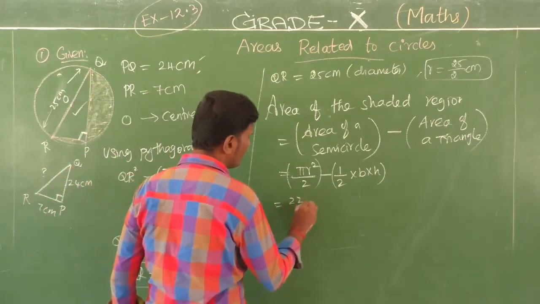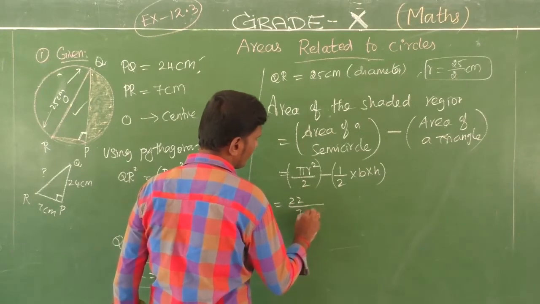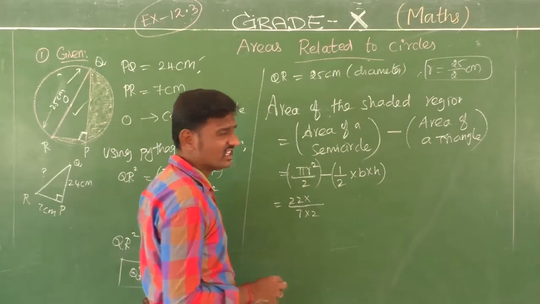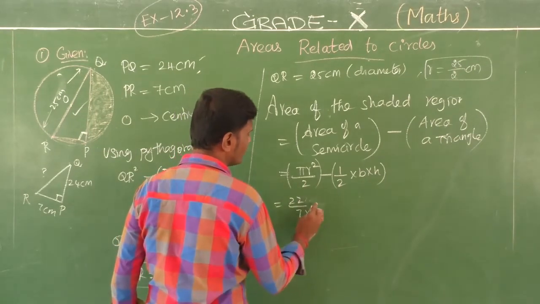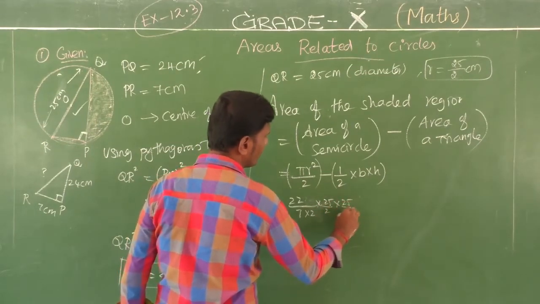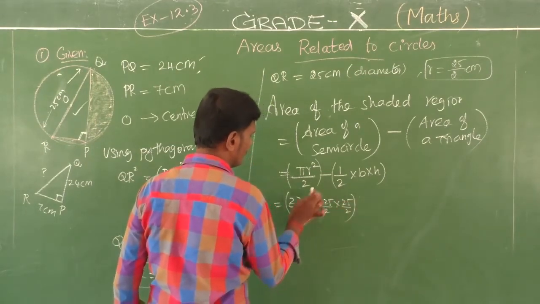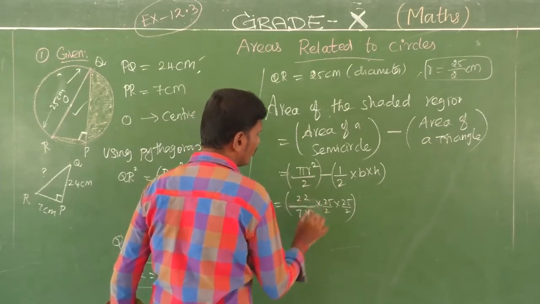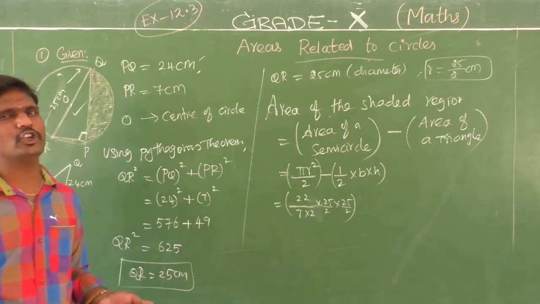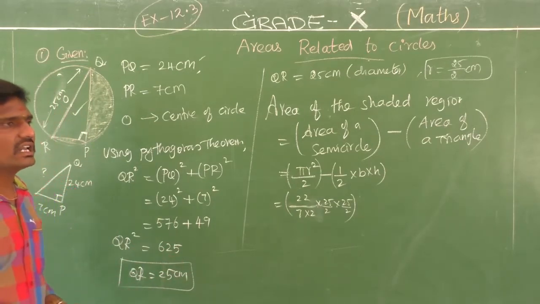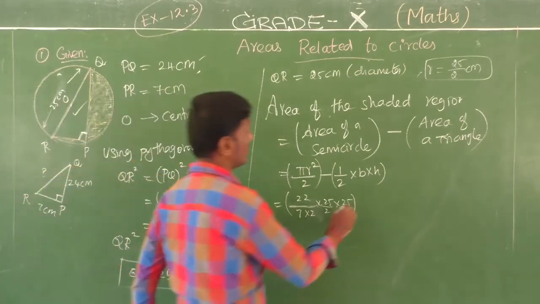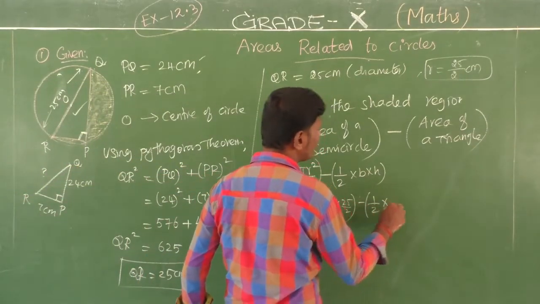Now 22 by 7 into 2 into r square. r is 25 by 2, so 25 by 2 into 25 by 2. Yes, students, have you got it? 22 by 7 into 2, that is 1 by 2. Always write 1 by 2 into 22 by 7 into r. The value of the radius is 25 by 2 into 25 by 2 minus half into base.